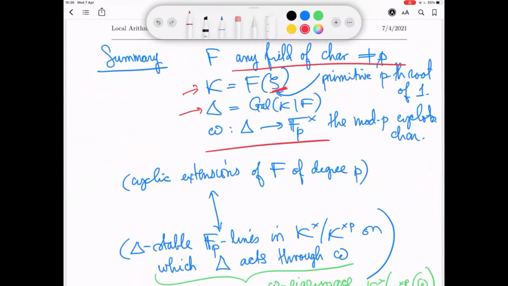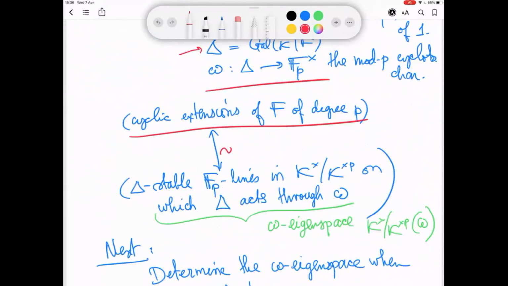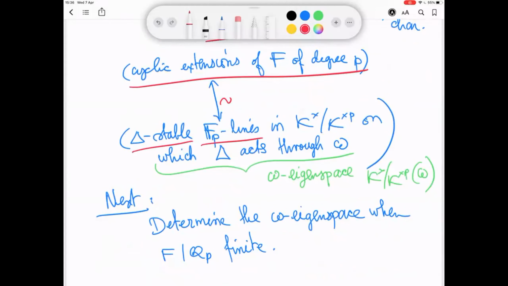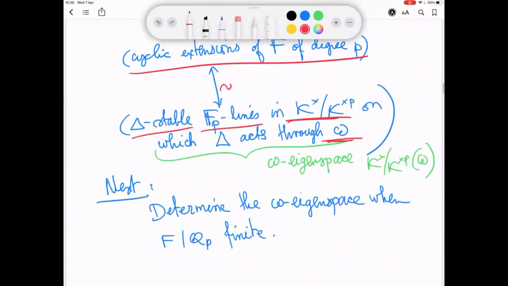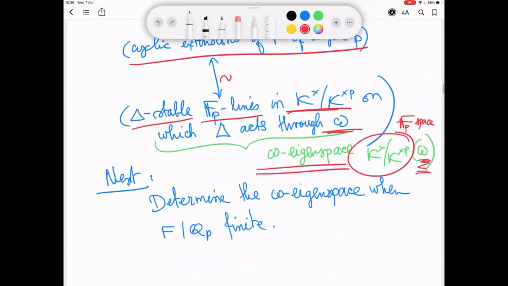It comes with a character omega into Fp star, giving the action on the pth roots of unity. And the cyclic extensions of F of degree P are in canonical bijection with the set of delta-stable Fp lines in the space on which delta acts through omega. The subspace of K star modulo K star to the power P, this is an Fp space, right? The subspace on which delta acts through omega is called the omega eigenspace, and sometimes written like this with omega in parentheses.